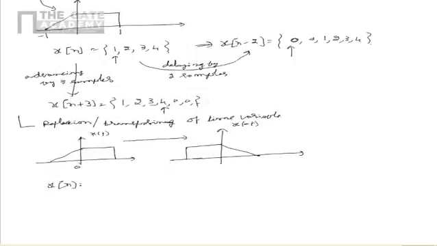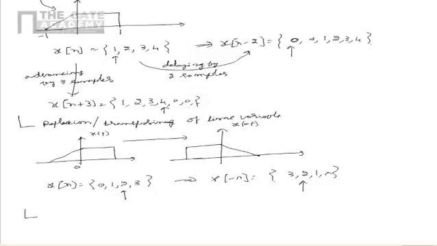Similarly, consider another signal x of n, which can be written as 0, 1, 2, 3. Here 2 corresponds to the instant 0. From this, x of minus n can be written as 3, 2, 1, 0. Here the signal x of minus n is obtained by reflecting the signal around the value which corresponds to n equal to 0.